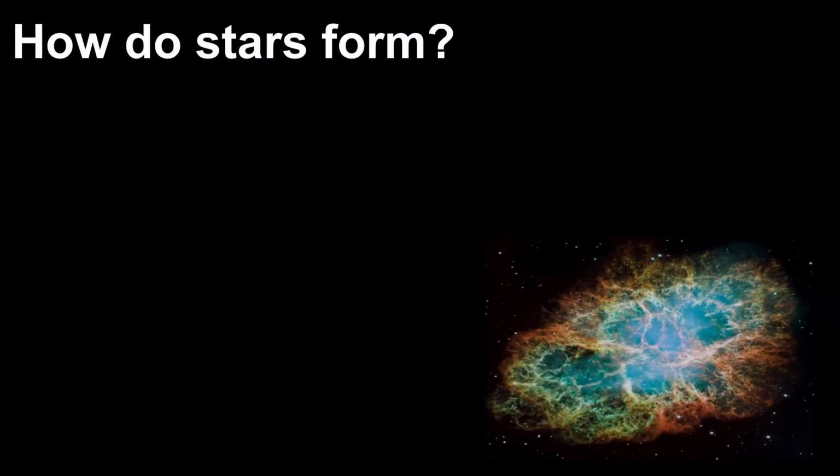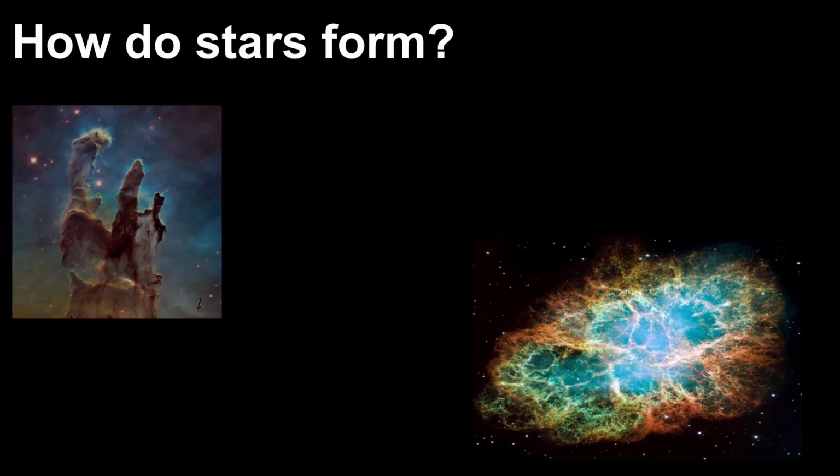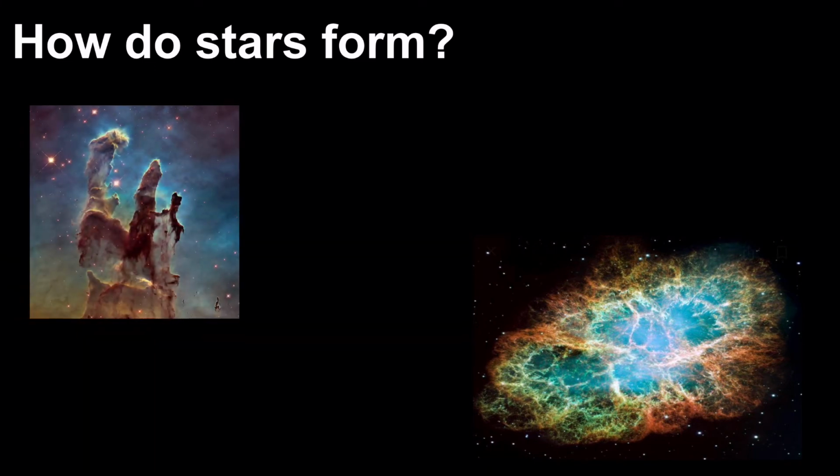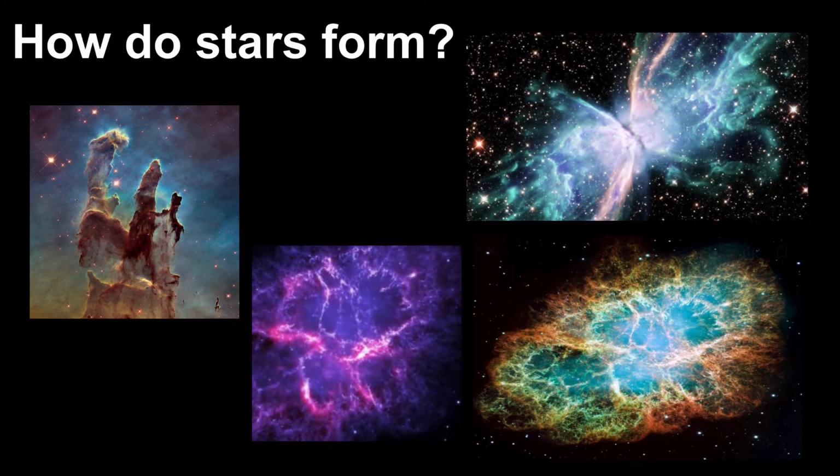So the question remains in our minds: how do stars even form? Well, there are specific places where stars start to form. We know these as nebulas. Nebulas are huge, cold clouds of gases that are mostly made of hydrogen and helium.